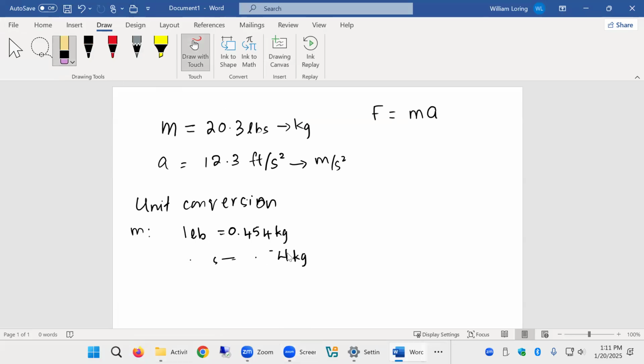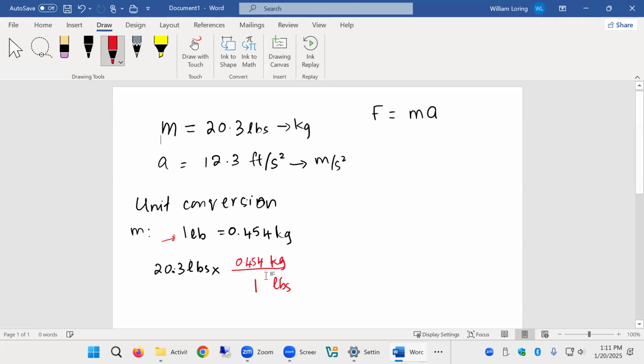Do you remember how to do the unit conversion? I need to do 20.3 pounds. To convert this, I multiply by the conversion factor. I need to cancel out pounds and get kilograms, so pounds go at the bottom and kilograms go on the top. I can use 1 pound is equal to 0.454 kilograms.